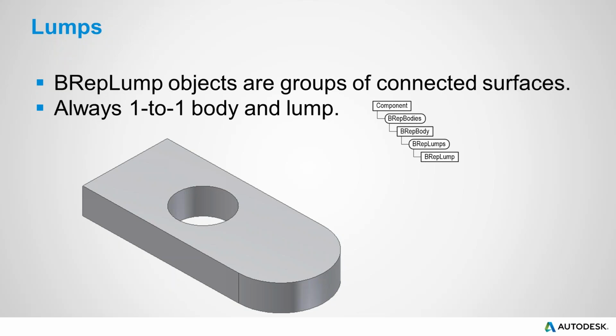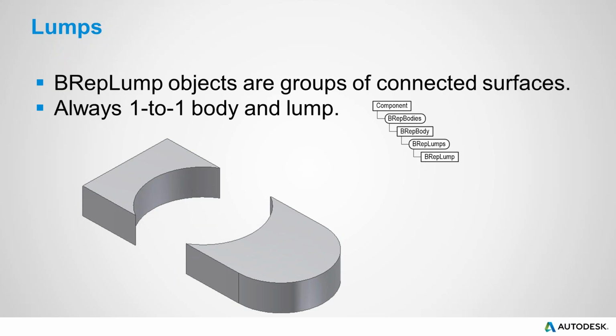What a lump is, is a group of surfaces, like the body. So if I made that hole bigger and it cut this piece into two, this could still be one body but two lumps. So it's two sets of connected surfaces, but they're still grouped together logically into a single body. But Fusion doesn't allow that.